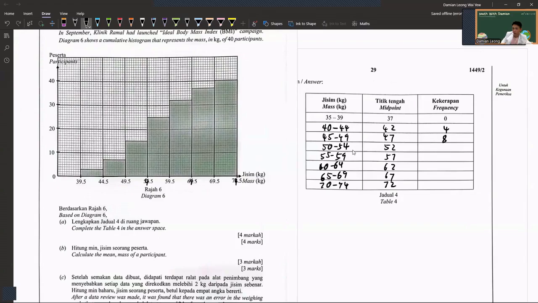Then 25 minus 15 is 10. 32 minus 25, 7. 37 minus 32, 5. 40.